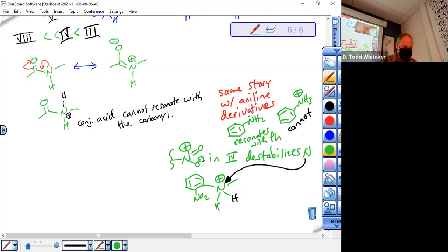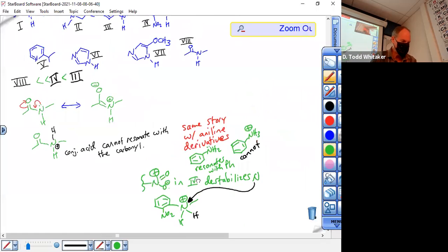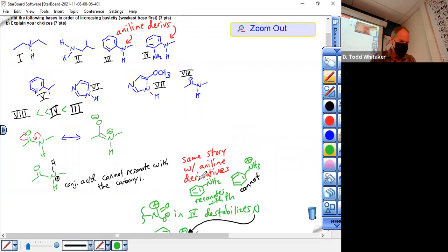But the N plus, very close to another N plus, is a bad situation. I hope that just goes without saying. You have an N plus here next to an N plus here. Not a good story. So I don't like that as much as a molecule that doesn't have the NO2. That's all I was saying.